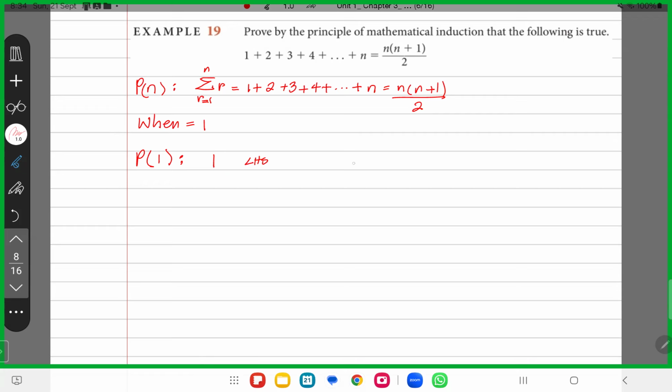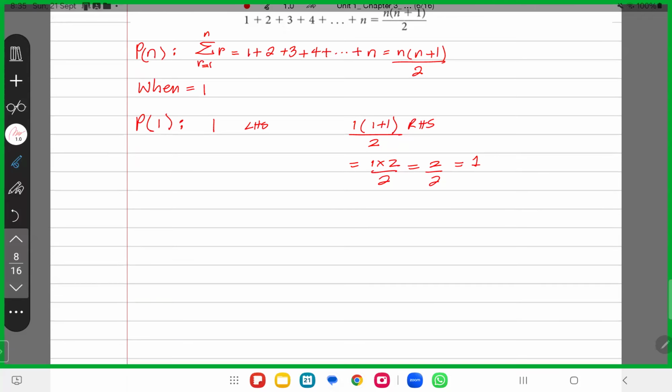And on the right-hand side, when n is 1, we have 1 into 1 plus 1 all over 2. So this is 1 times 2 over 2, which is 2 over 2, which is equal to 1.